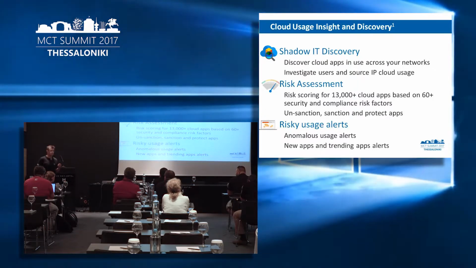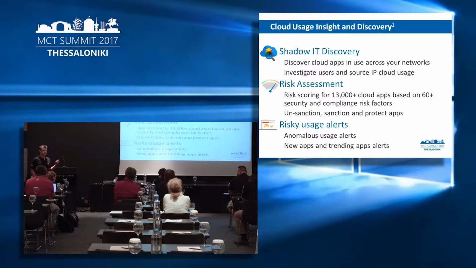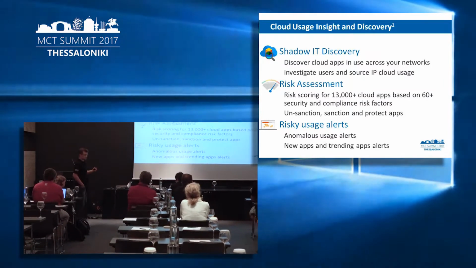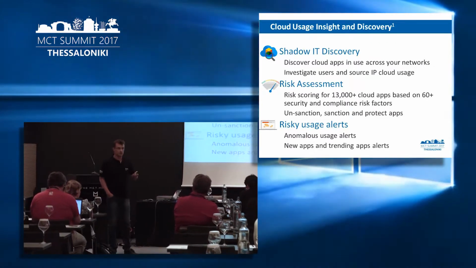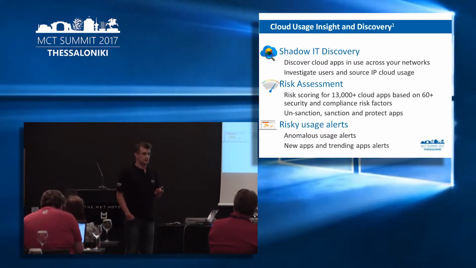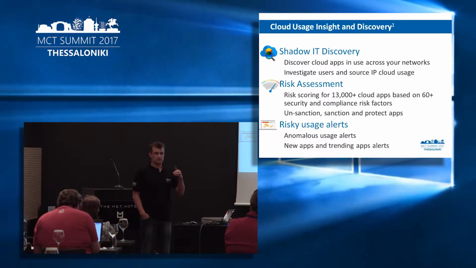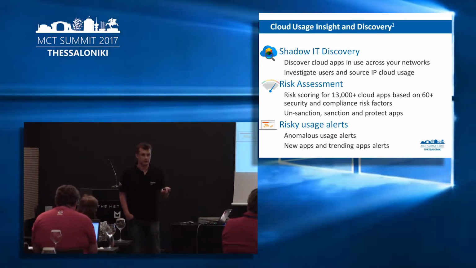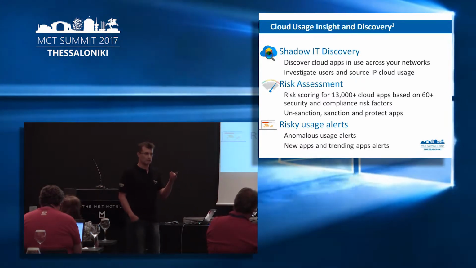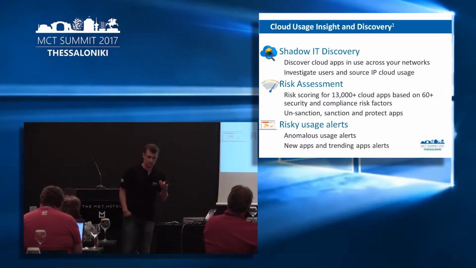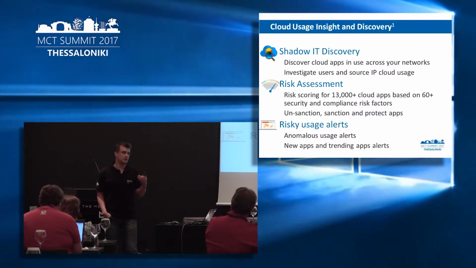And the good thing here is that if, for example, the user is using SharePoint or OneDrive for Business, you can intervene immediately on the spot where you actually notice the problem and take appropriate action.